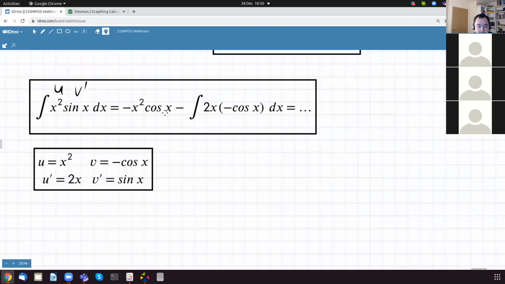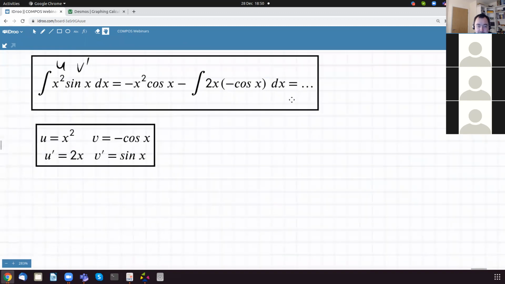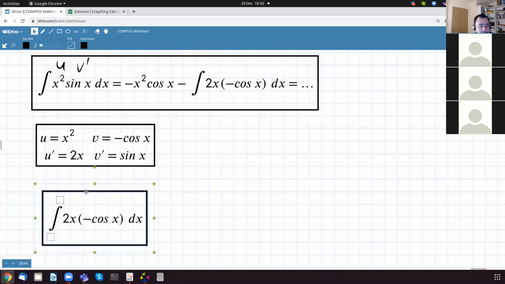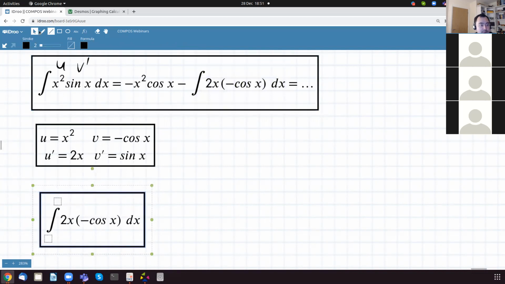It's a bit difficult to carry this whole expression around, so I'm just going to write out this integral separately.